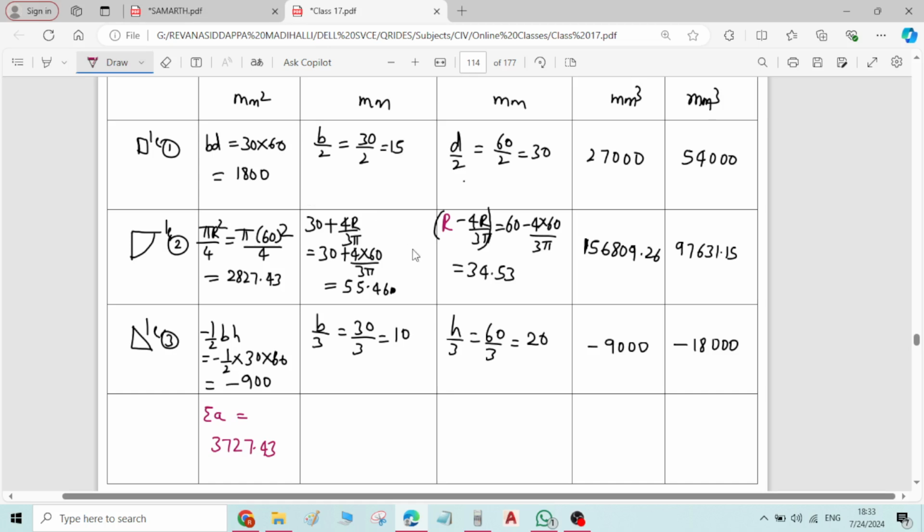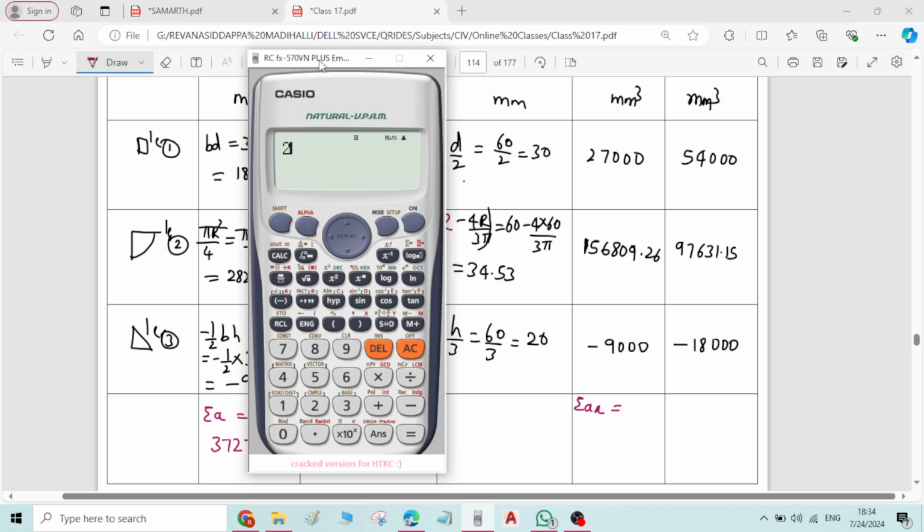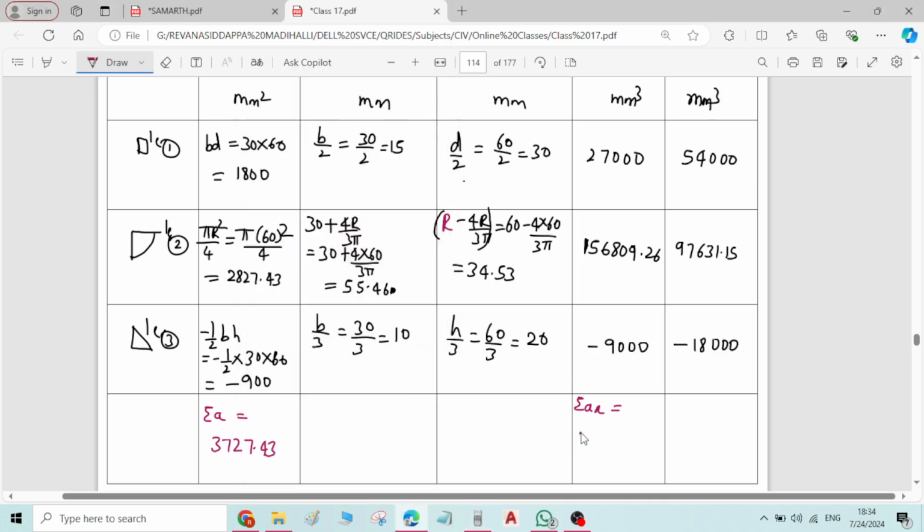Then coming to sigma AX, it will be 27,000 plus 156,809.26 minus 9,000, which is 174,809.26.